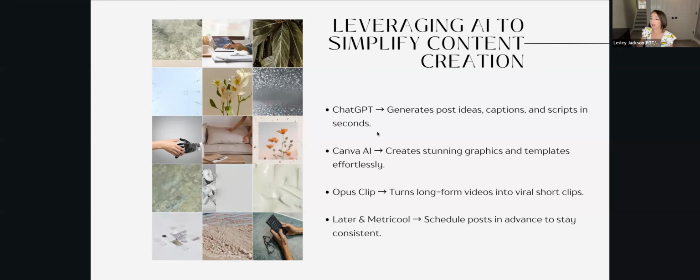Canva AI creates stunning graphics and templates effortlessly. Depending on the situation and the content creation, sometimes AI images can look very AI. So just be mindful of that, because you want to make sure that you're still showing up authentically and not robotically. Opus Clip is a great video tool that will turn videos into short clips.